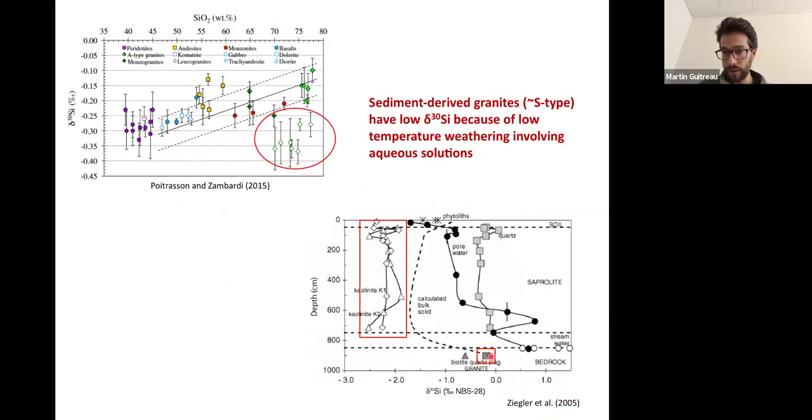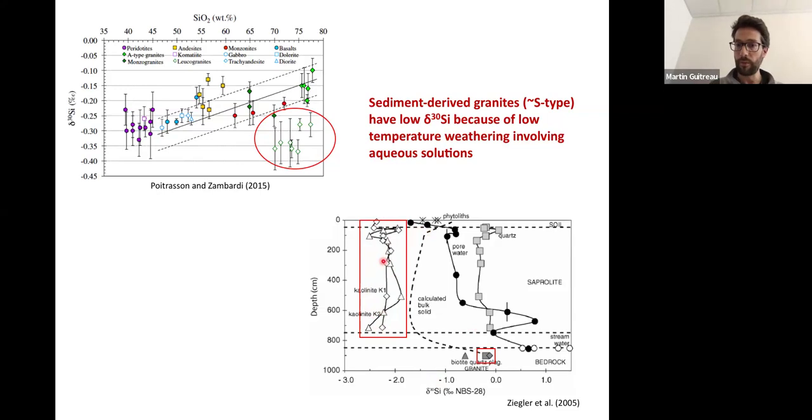So here's the bedrock with the granite, and here's its composition. So the whole rock is approximately at minus 0.2 per mil. And as you go up the saprolite and the formation of the soil, you can realize that kaolinite formation induces a shift in the soil composition, and you get to lower silicon isotope composition.